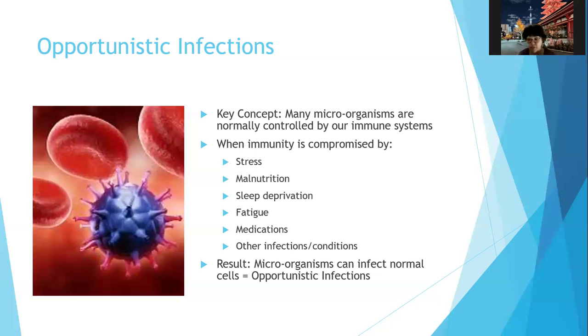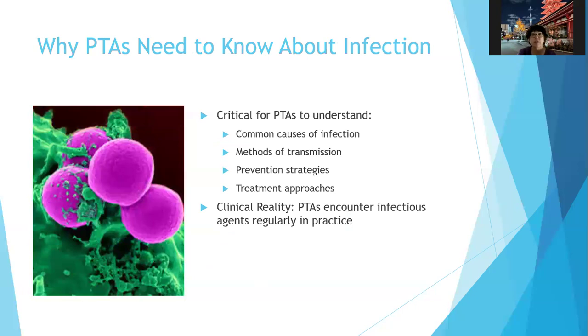Opportunistic infections are pathogens that are normally present in our system and they just get someplace where they're not supposed to be, or immunity is compromised and they cause problems. We need to know about infection because we need to know the common causes of infection, how infection is transmitted, how to prevent it from being transmitted, and how it's treated.